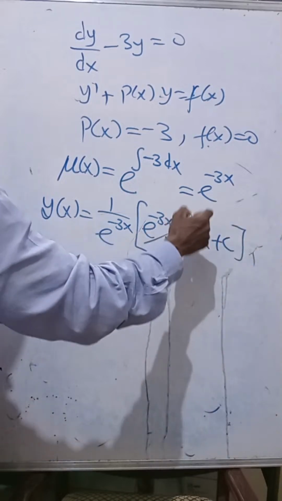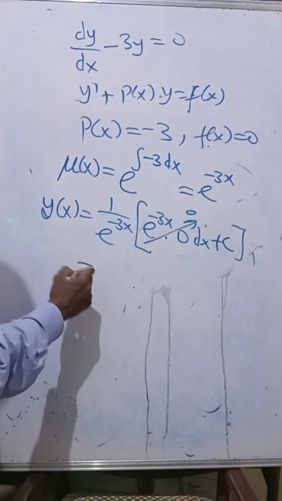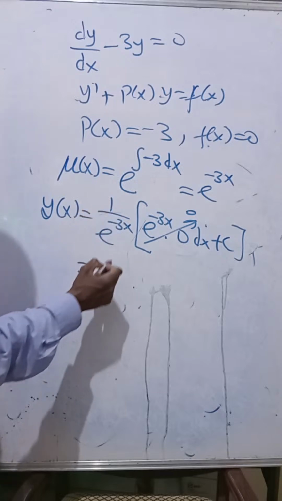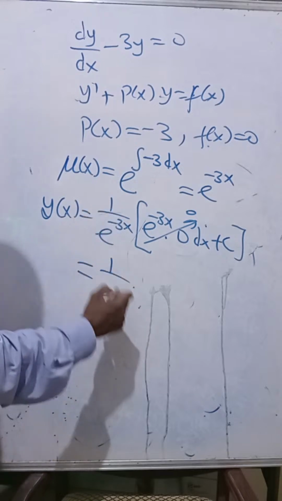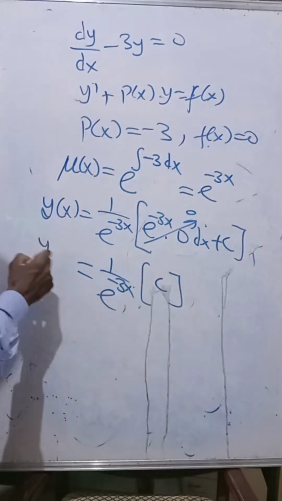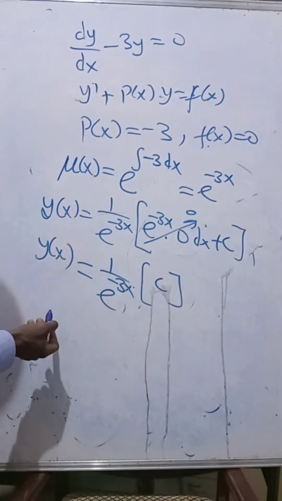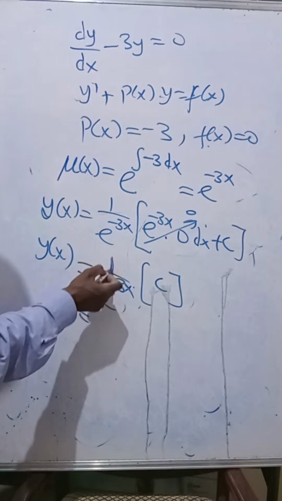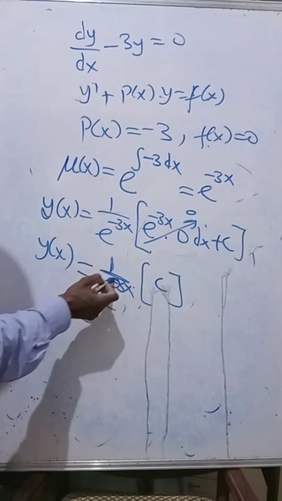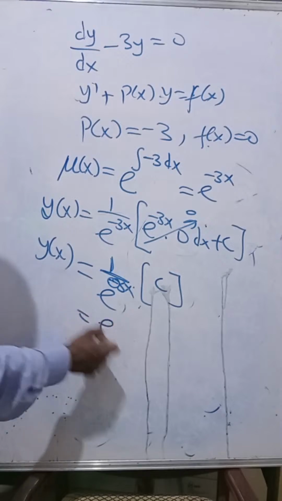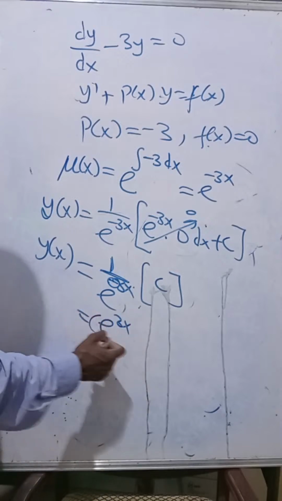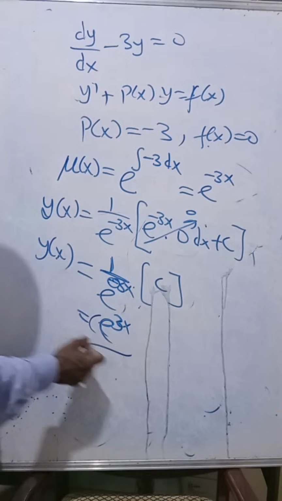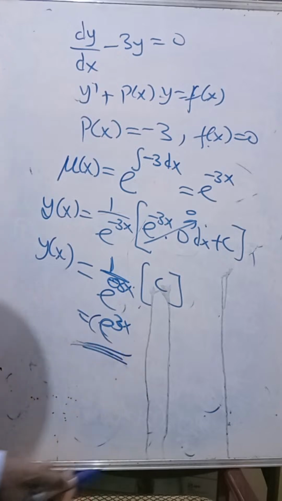So all this one we cancel, and you just have this one, that's c. So that's the general solution. If you remove this one over, to cancel this minus here, that will be e to the 3x times c. And that's the solution to this question.